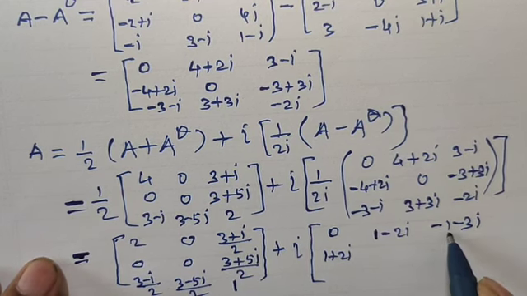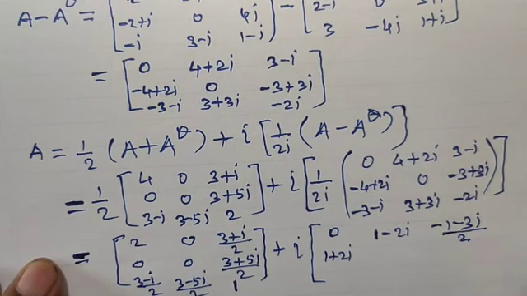Minus 1 minus 3i divided by 2. And then 1 plus 2i, 0, 3 plus 3i divided by 2.